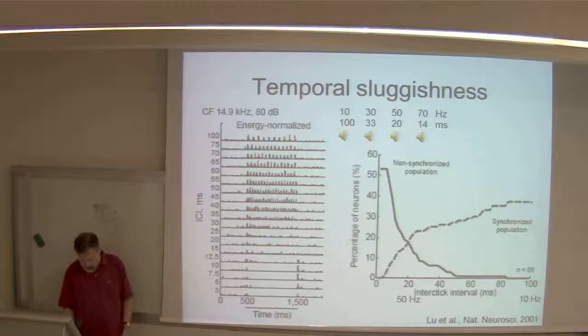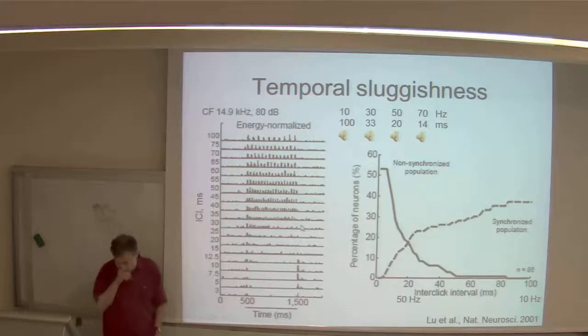This is 20 hertz, an interval of 50 milliseconds between successive clicks. And 30 milliseconds would be 33 hertz. And above that, the neurons can't follow the click train anymore. It's even inhibited. So this is typical, even in awake animals.